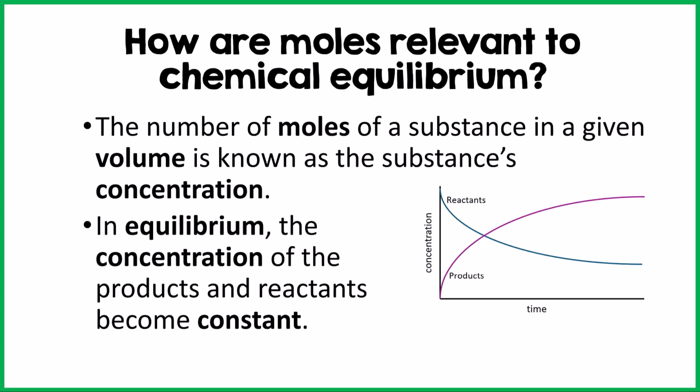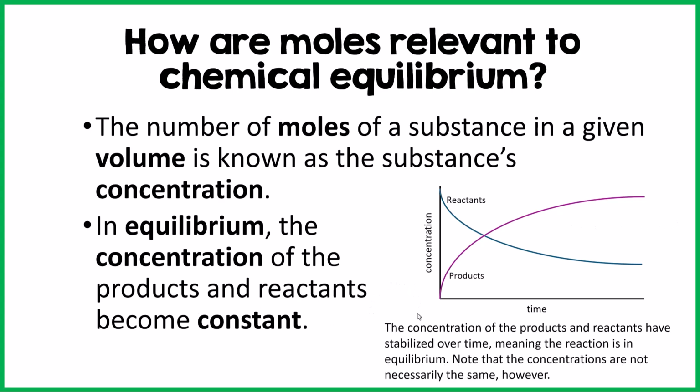In equilibrium, the concentration of the products and the reactants become constant, not equal, but constant. So they stabilize. And the concentration of the products and reactants have stabilized over time in this graph.